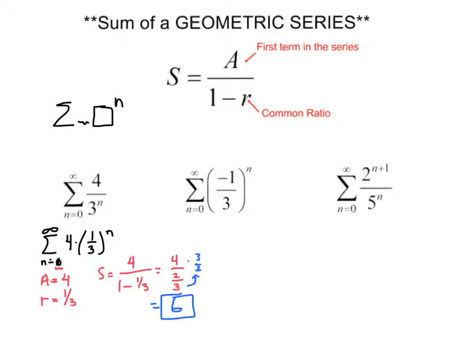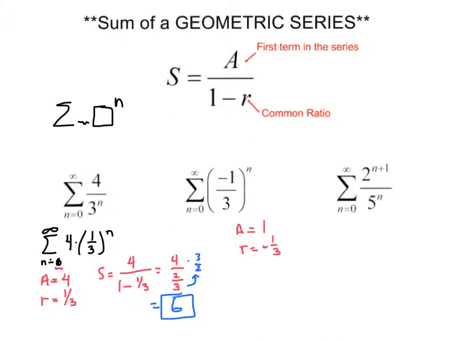Okay? This next one is written in the nice form already, negative 1/3 to the n, so I don't have to do much algebra up front. Let me get my first term. I start by plugging in 0. Anything to the 0 power is 1, so the first term is just 1. Common ratio is negative 1/3 because this is an alternating series, right?